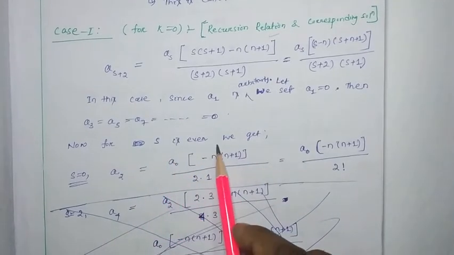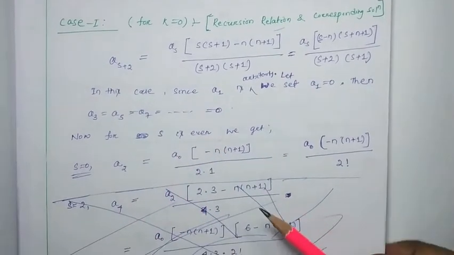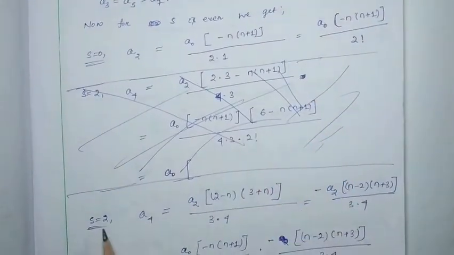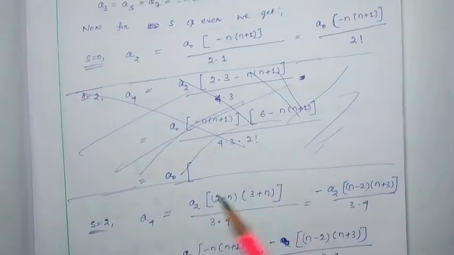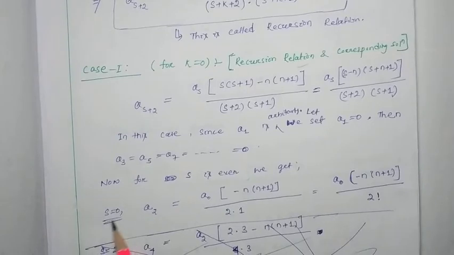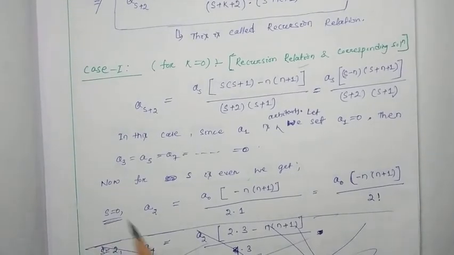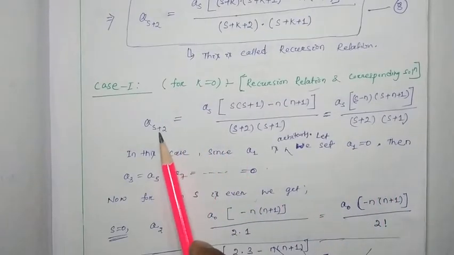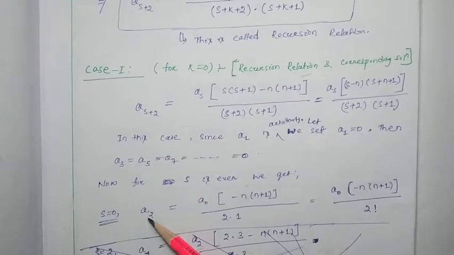First we consider s equal to 0. If we put s equal to 0 over here, we find a2.